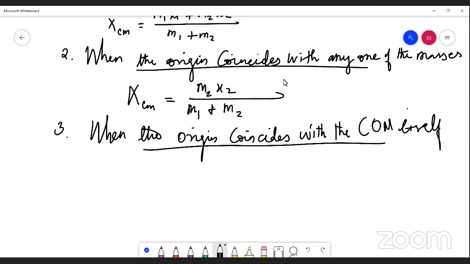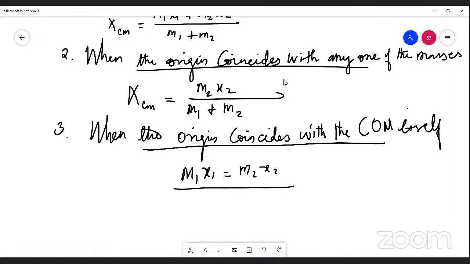We can write it as m1x1 is equal to m2x2. Principle of moments states that the sum of the clockwise moments is equal to the sum of the anti-clockwise moments. So you will be getting the principle of moments condition when the origin coincides with the center of mass itself. So three conditions are there.